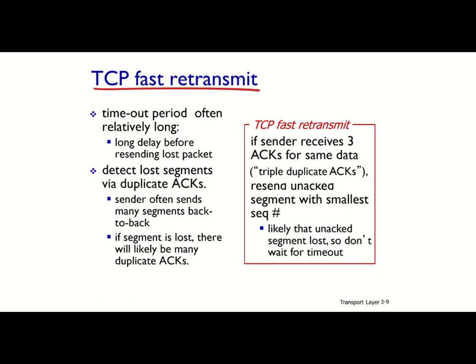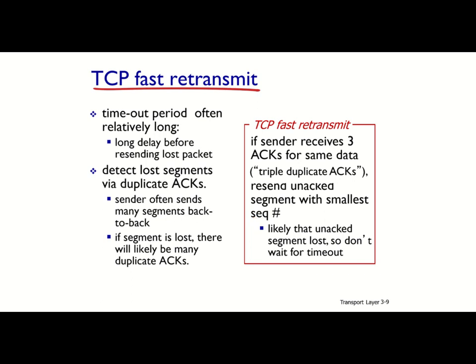So here is the rule. If the sender receives 3 acknowledgements for the same data, which we call a triple duplicate acknowledgement, then it sends the unacknowledged segment with the smallest sequence number.